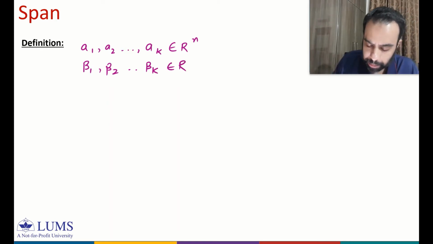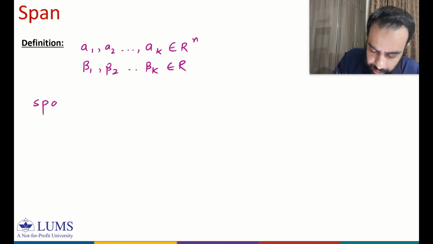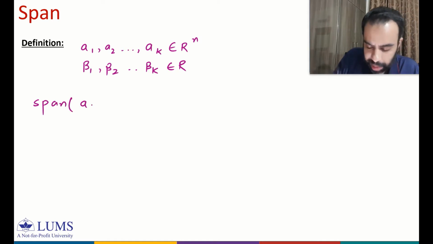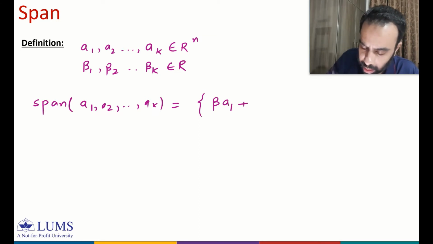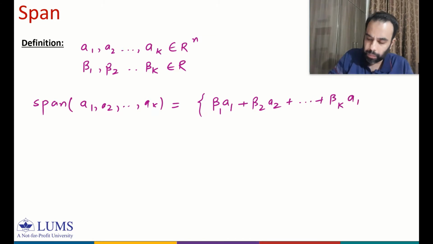We define the span of a collection of vectors a1, a2, ak as all possible linear combinations, so as a set of points which contains the vectors beta 1 a1 plus beta 2 a2, up to beta k ak, where each beta belongs to the set of real numbers.